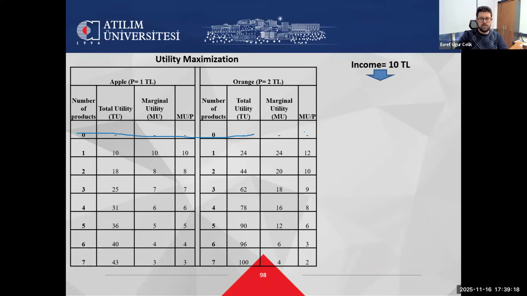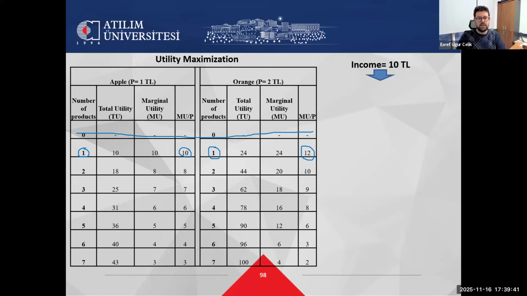Don't look at the zero level. Start with the first one. If you get 1 apple, the marginal utility per price is 10. If you get 1 orange, you get 12 marginal utility per price.